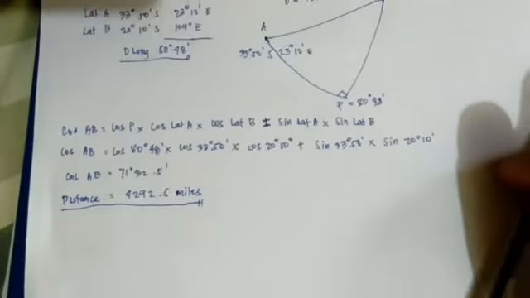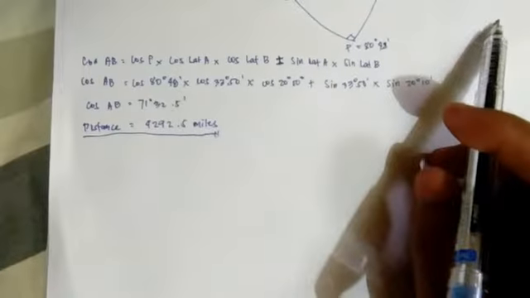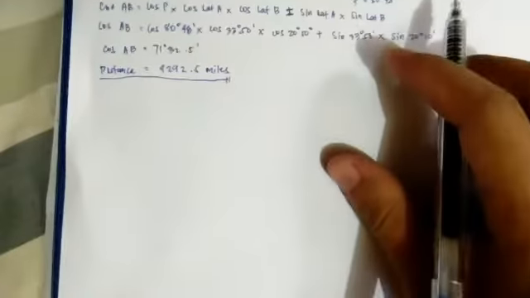So that is our distance. Since we already have our distance, next we need to get our initial course.